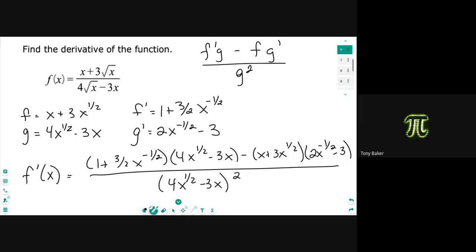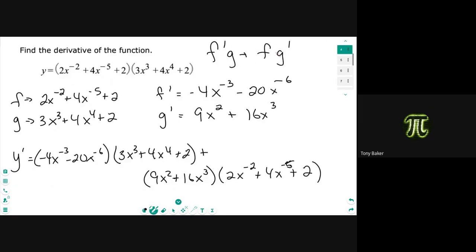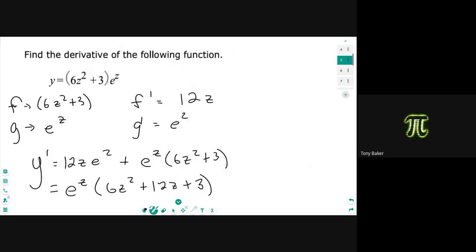Questions on this one? If you're not remembering the quotient rule or the product rule, have them written down. But those are ones that I would highly recommend having memorized at some point.